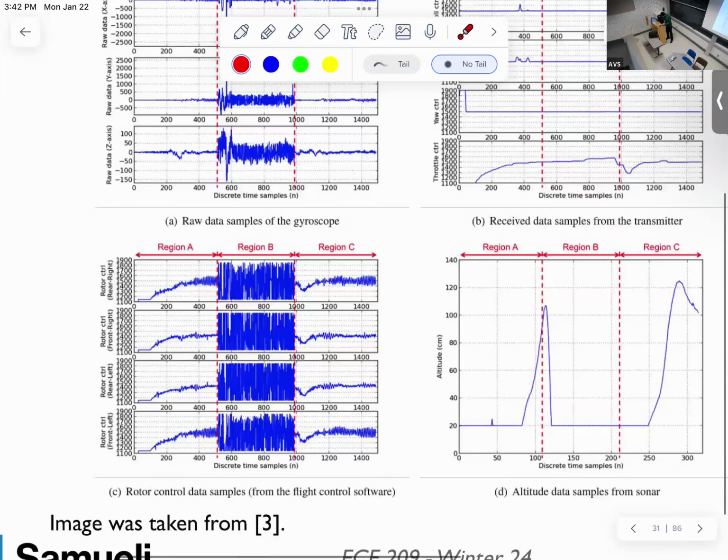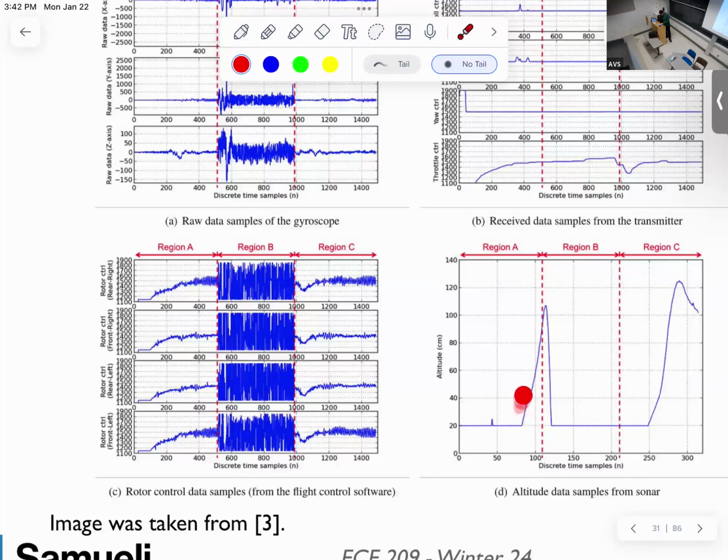I think this one is the speed of the rotor of the drone. As you can see, it used to gradually go up and settle at a specific speed, but then you see all these random ups and downs as the attacker is sending this signal.